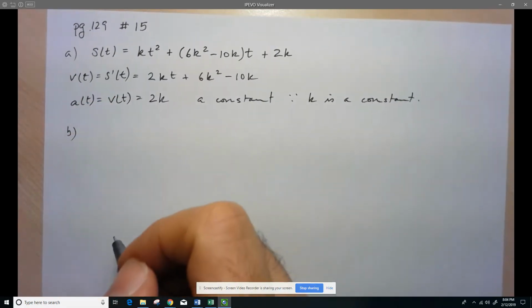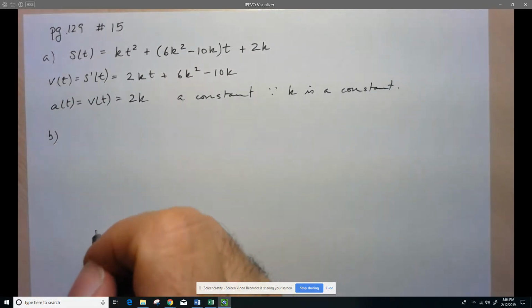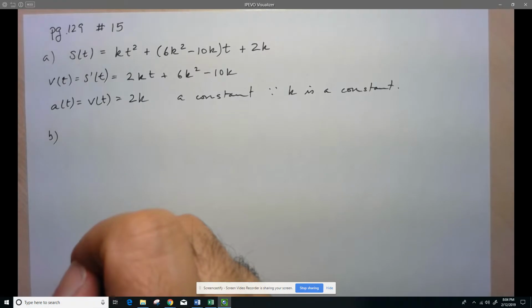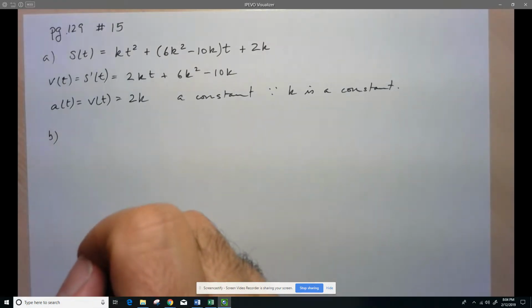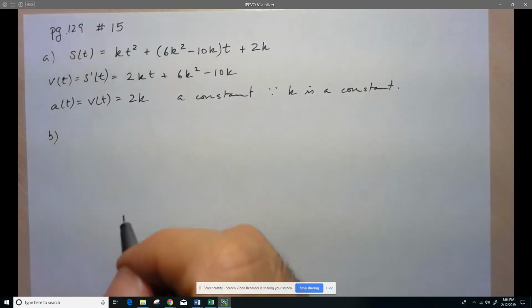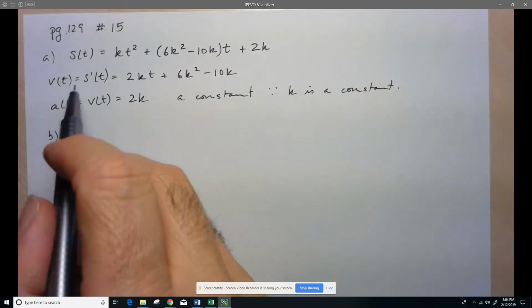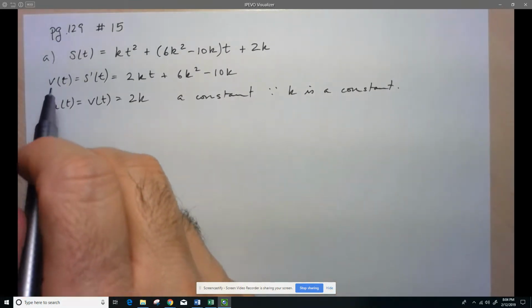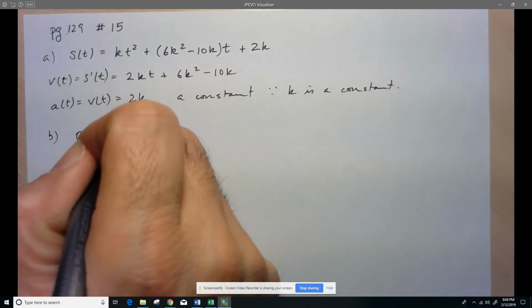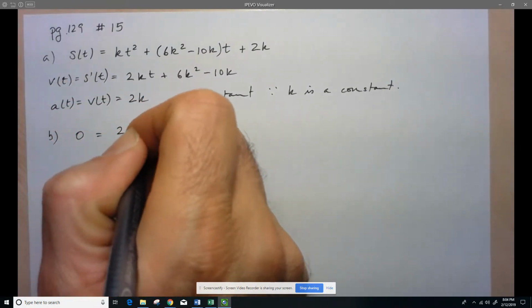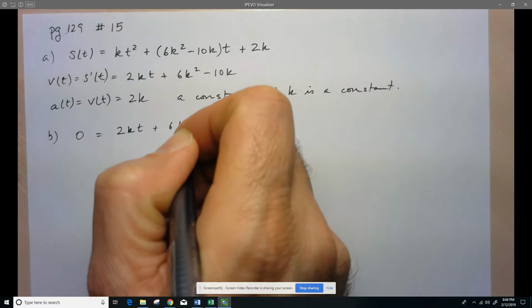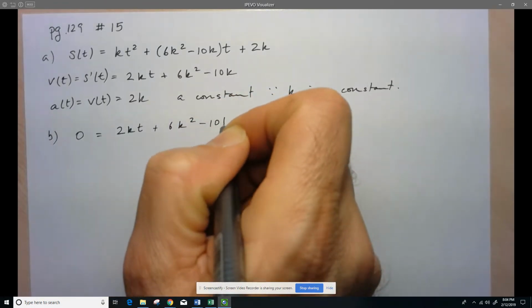Part B, I think, is essentially an exercise in algebra. So what they ask us to do is to find the time at which the velocity is 0, and then determine the position of the object when this occurs. All right, so we'll start with this velocity function here and just set it to 0. So we've got 0 equals 2kt plus 6k squared minus 10k.